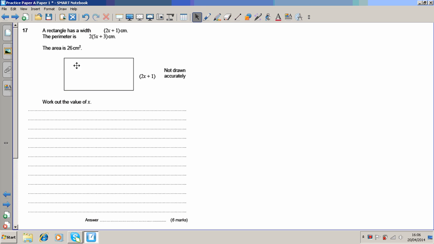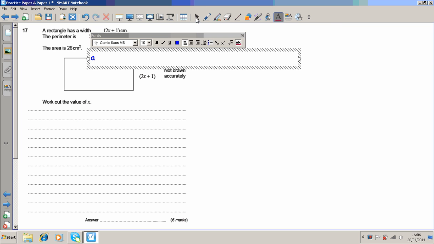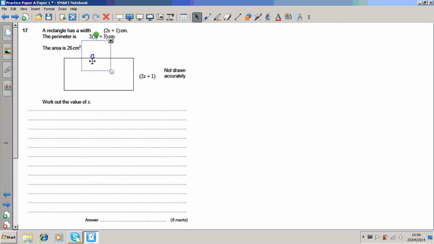Okay, so if I want the area, I need to know this length here, because then I can do this times this, and it's going to equal 26. So I need to work that length out first. I'm going to call it A for now. That's what I'm going to try and work out.